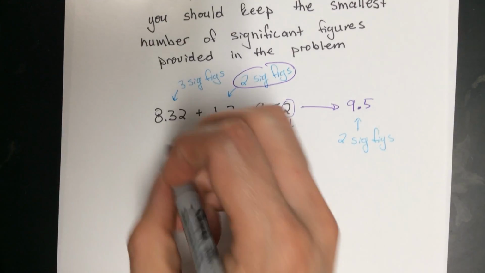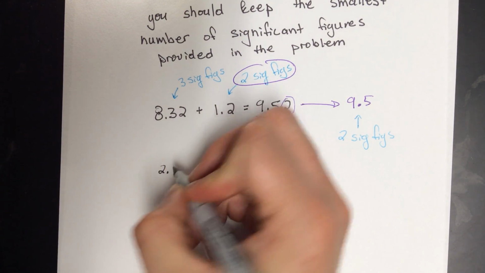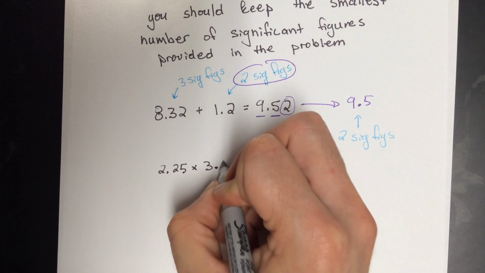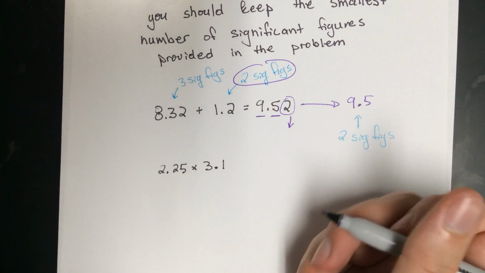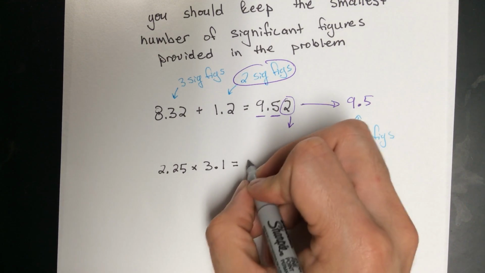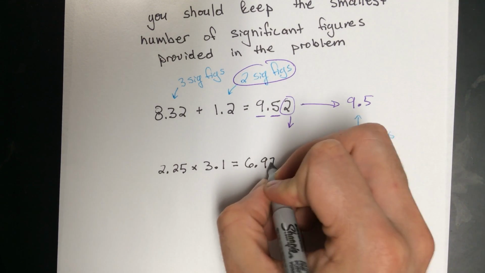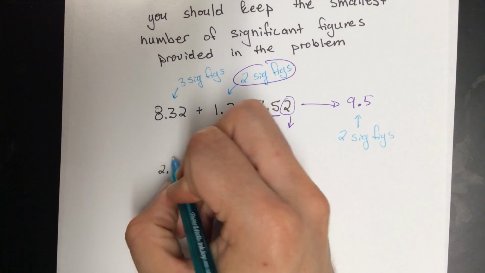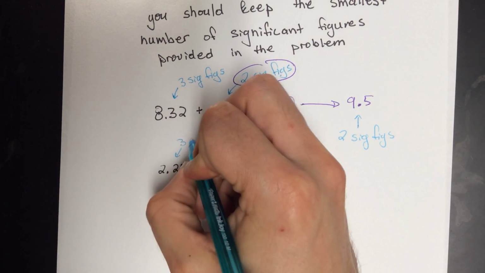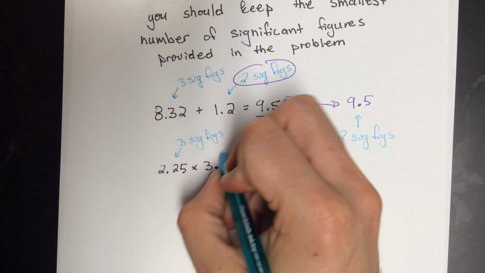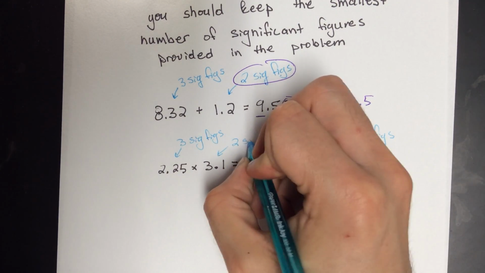Another example would be if we were to take 2.25 and multiply it by 3.1. When we plug that into our calculator, it says that the answer to this is 6.975. However, 2.25 has 3 sig figs, and 3.1 has only 2 sig figs.